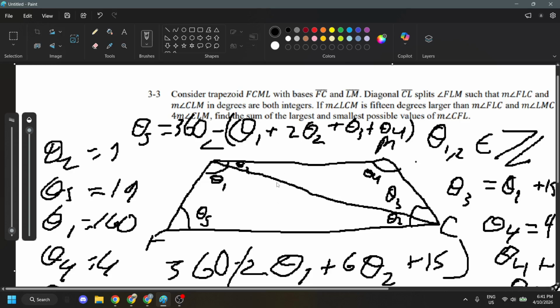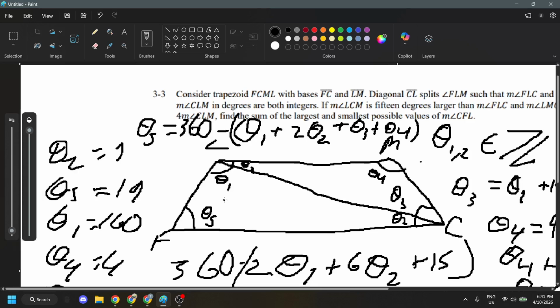So then can we make theta 2 be... What's the largest it could be? Oh, so the smallest value, theta 5 is equal to 19.